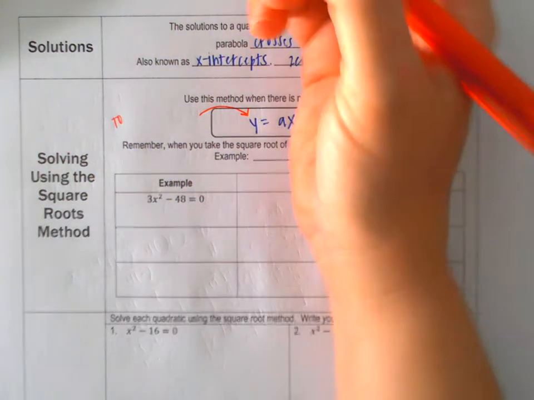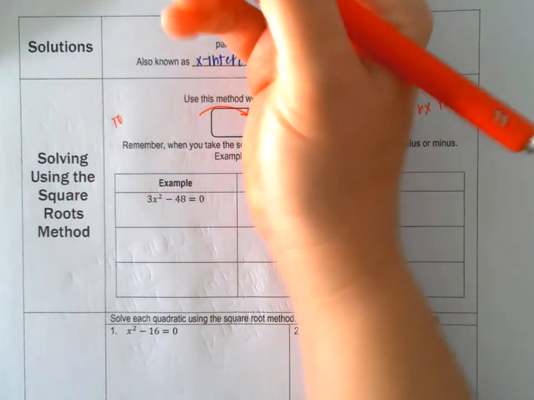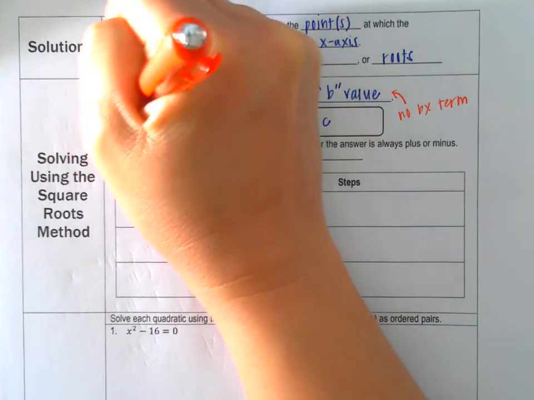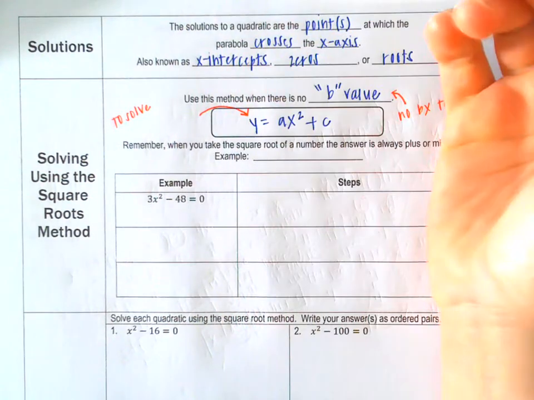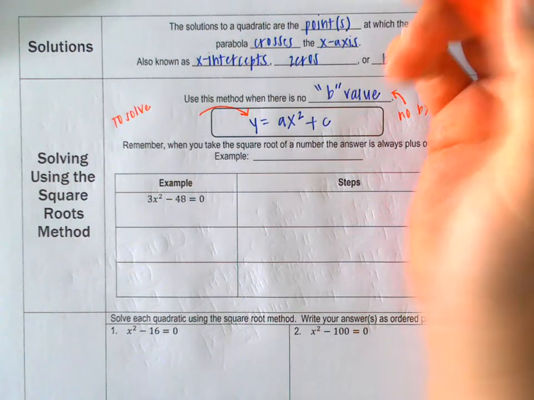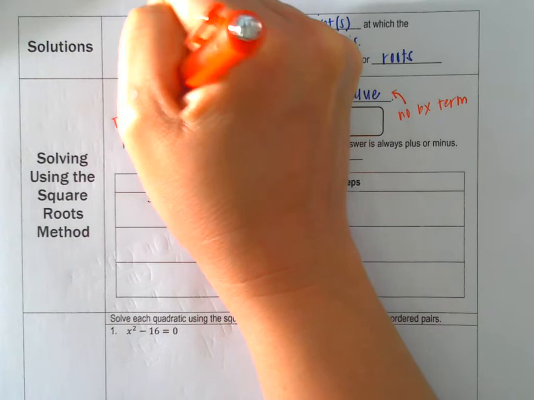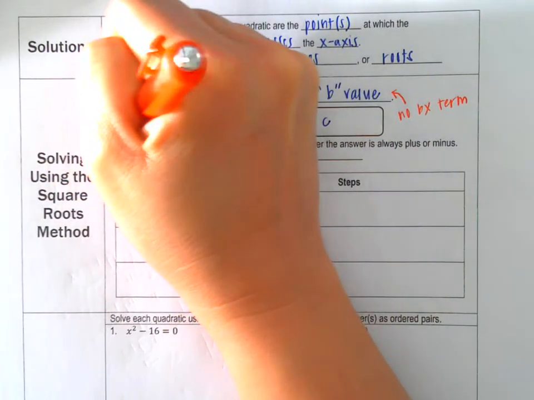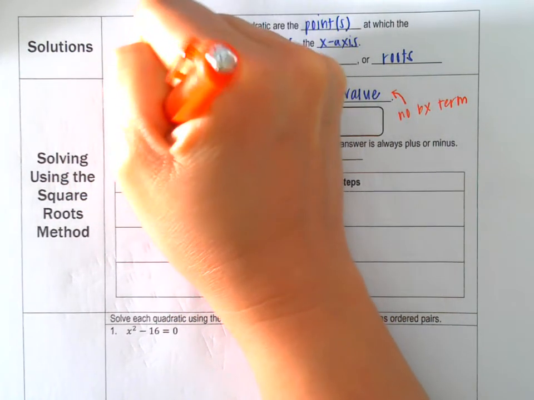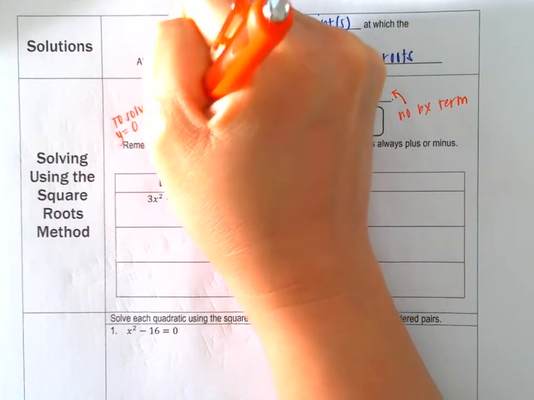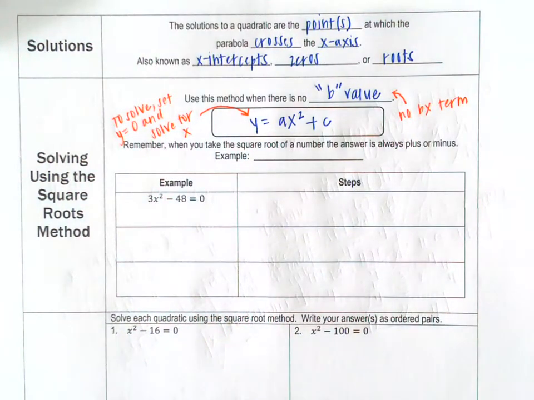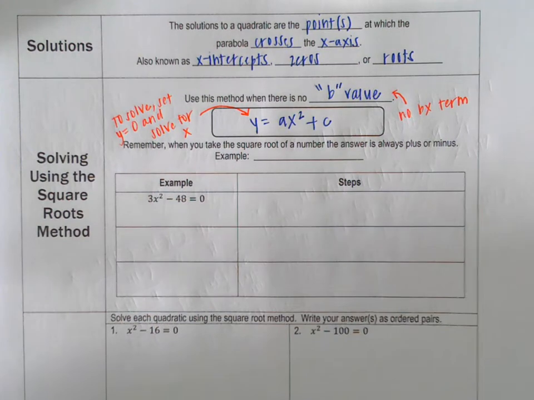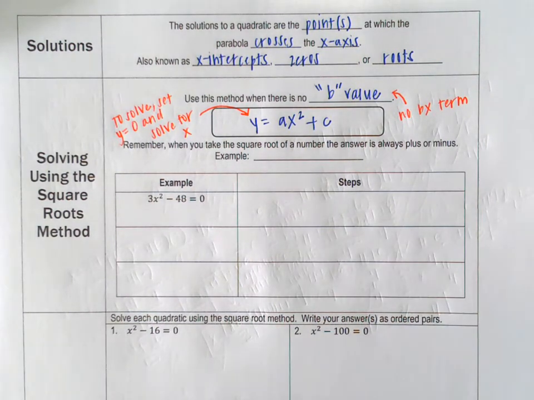Okay, so to solve, and this is every single time with x-intercepts, we set y equal to 0 and solve for x. And remember, with our y-intercept, we set x equal to 0 and solve for y. So it's just the opposite.